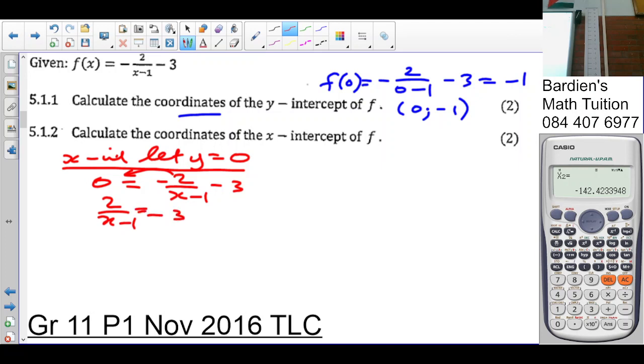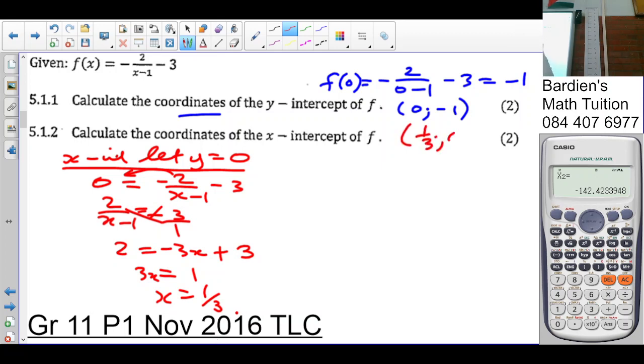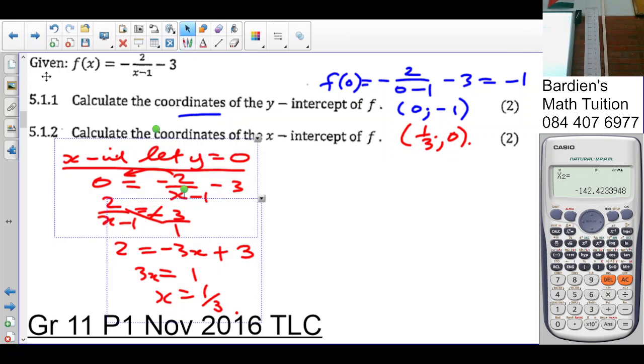You cross multiply. So you're going to get 2 is equal to minus 3x plus 3. So you've got 3x is equal to 1, so x is equal to a third. Is that correct? So the coordinate is going to be 1 over 3 and 0. All okay with that?